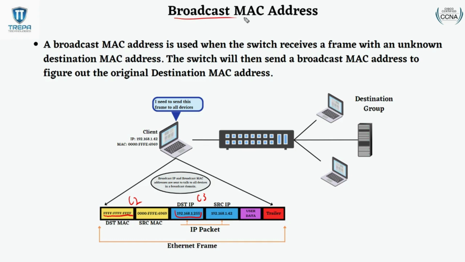But the important thing to know for that broadcast MAC address is that the destination is going to be all Fs. And the payload right here is going to be asking, hey, I'm looking for a specific client, but the switch doesn't know where that client is, so respond if that's you that I'm looking for. We'll get into that more in switch forwarding, but the important thing for this slide is that in a broadcast MAC address, it's all Fs in the destination field of that frame.